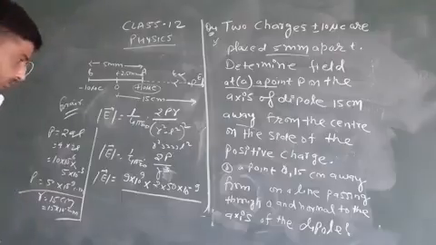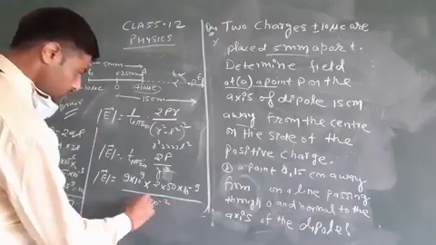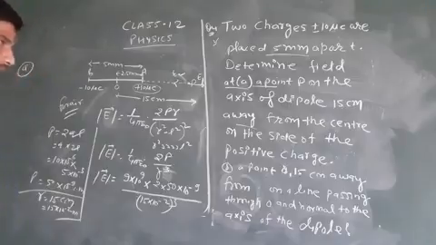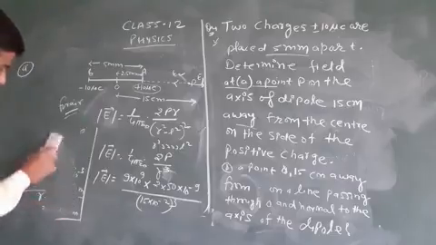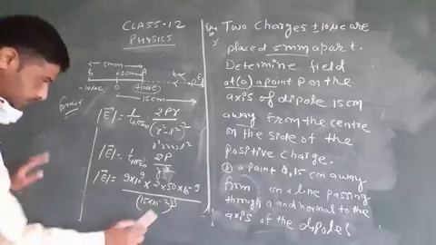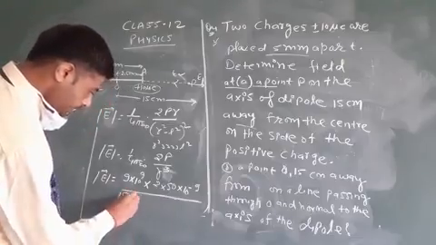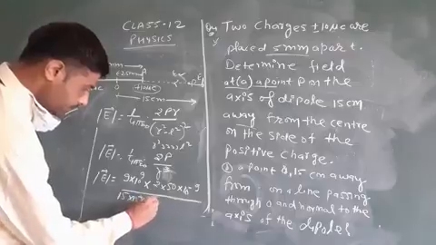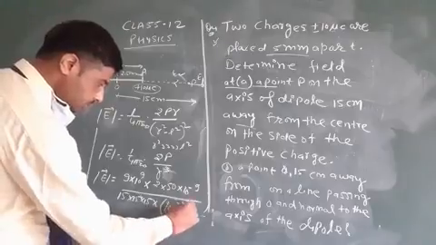So 15 into 10 to the power minus 2, cube. So when you solve this, it becomes 15 into 15 into 15 and 10 to the power minus 2 cube.